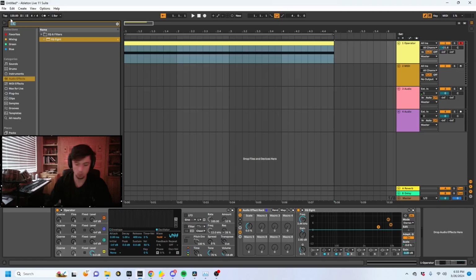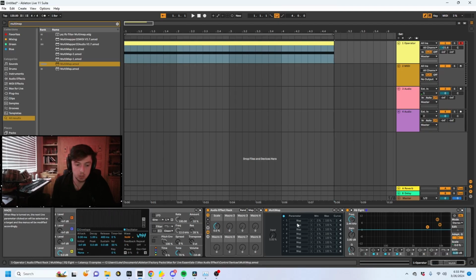So to do that, we can use a multi-map. The multi-map is powerful because you can apply a curve to knobs, essentially. So normally, look at that, it's going from negative 200 to 200. Let's make it from negative 100 to 100, right? Maybe a little bit more and a little bit less, something like that.